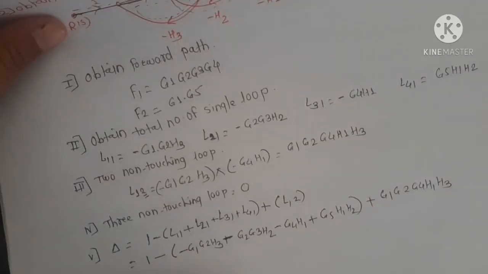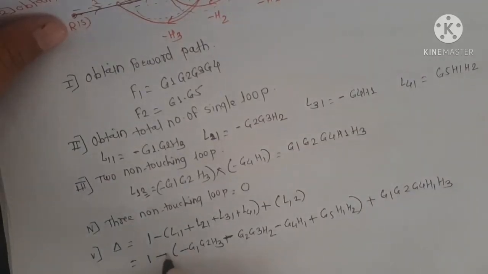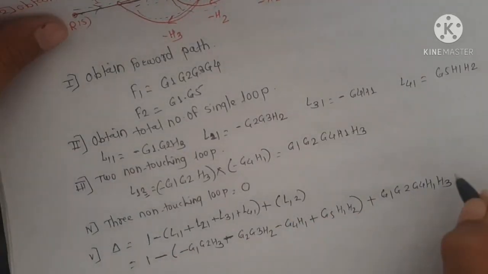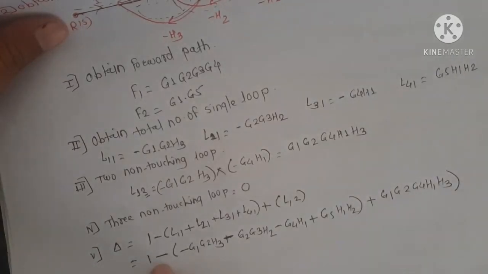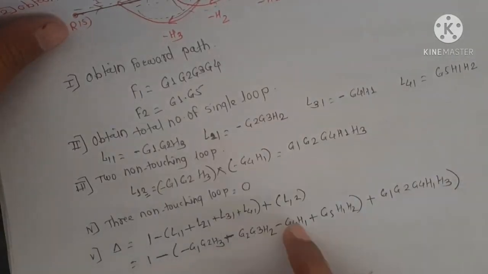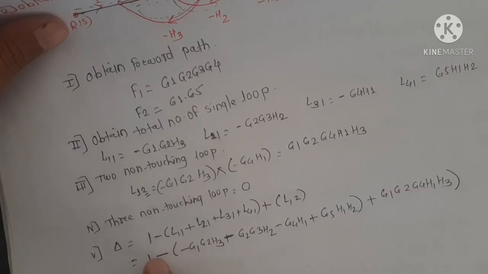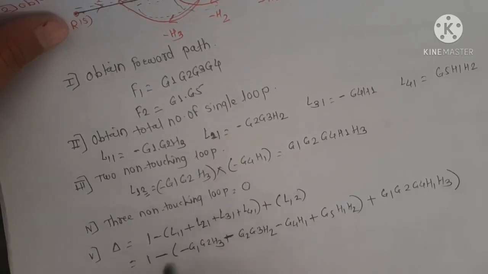So finally the value of del will be, beside the bracket the sign is negative, and inside, because of that, this negative sign will become positive after coming out of the bracket.